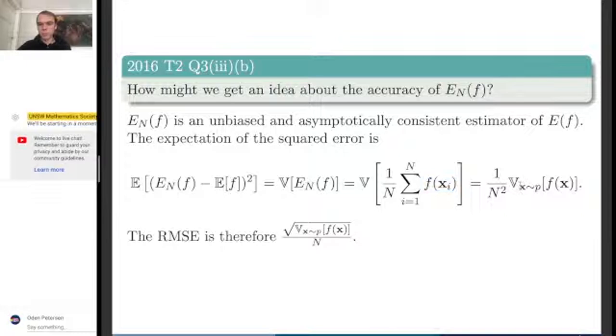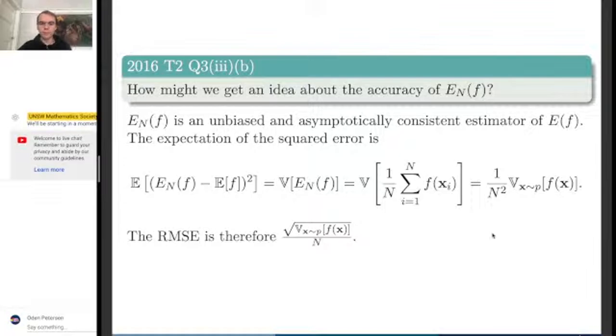And so the variance of the sum will be n times the variance of an individual sample, divided by n squared. So this works out to 1 over n times the variance. And then the square root of that is the square root of the variance of the individual samples divided by the square root of n.